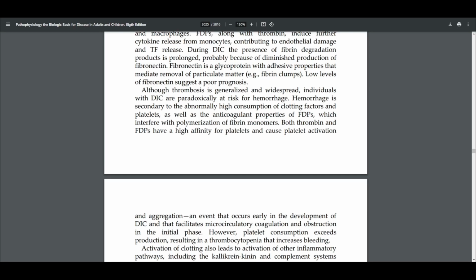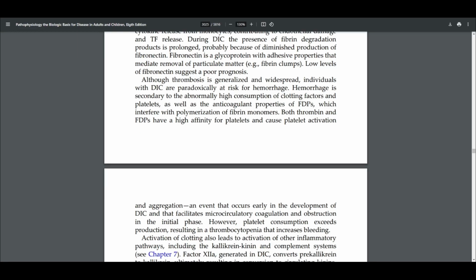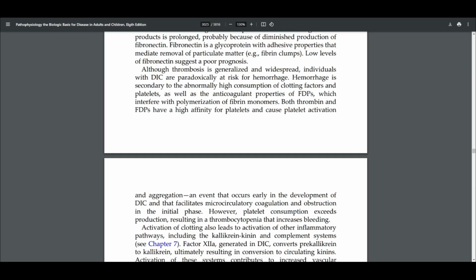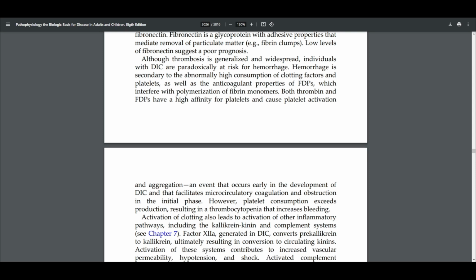Although thrombosis is generalized and widespread, individuals with DIC are paradoxically at risk for hemorrhage. Hemorrhage is secondary to the abnormally high consumption of clotting factors and platelets, as well as the anticoagulant properties of FDPs, which interfere with polymerization of fibrin monomers.